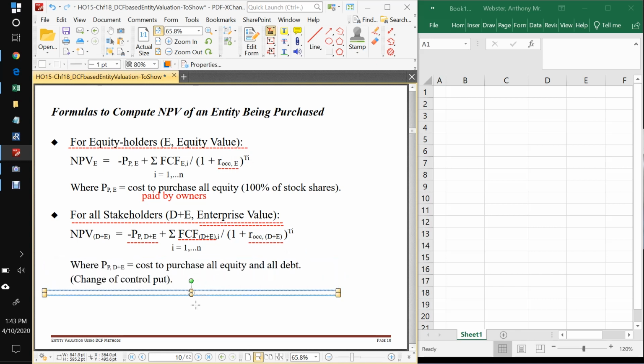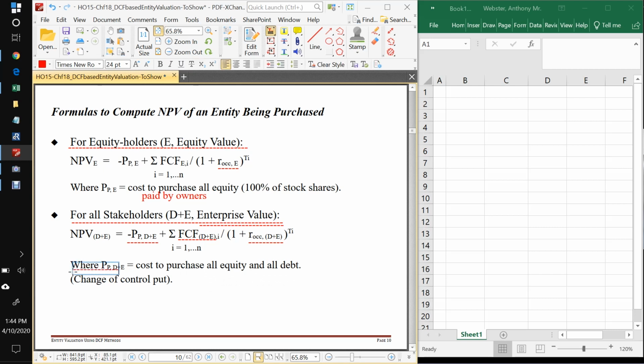So a little bit more on this price to purchase the firm for everybody. So like I said, this is the cost to purchase all of the equity and all of the debt of the firm. And what do I mean by change of control put here? Well, actually, this is something that can happen very frequently.